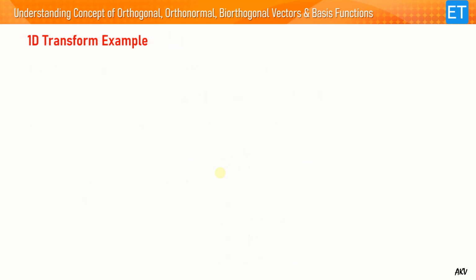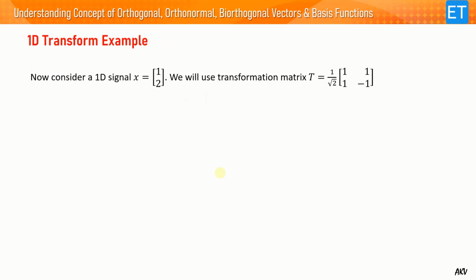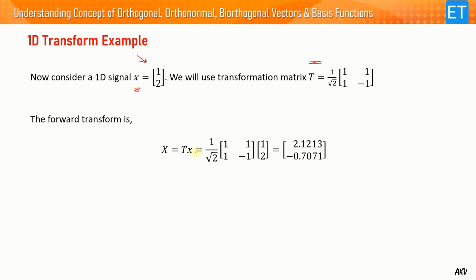First consider the case of the one-dimensional transform. Let's consider your input signal, your time domain signal, is 1 and 2, having two elements, and this is my transformation matrix. As per the definition we have already seen, the forward transform is simply the matrix multiplication of T and X. When you multiply, these two values are obtained.